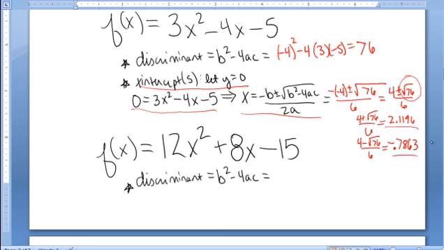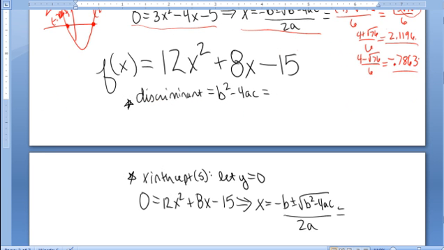Two separate answers. And remember, these are the x-intercepts. We let y be 0, and this is what we found the x's to be. Two x-intercepts: one occurs at about negative 0.7863, and the other at about 2.1196.